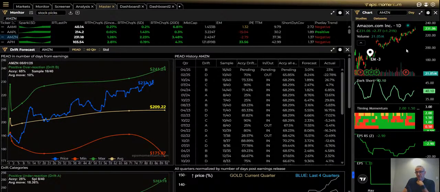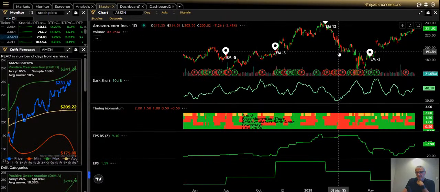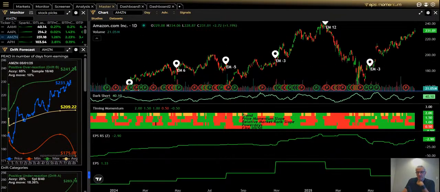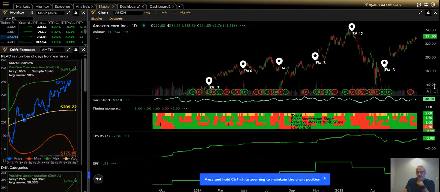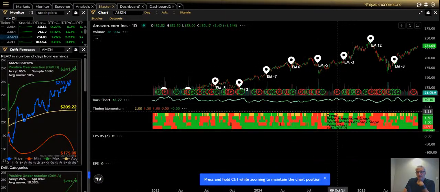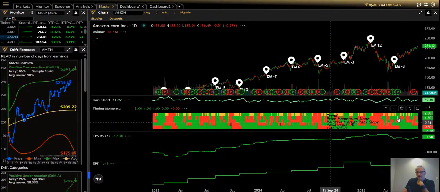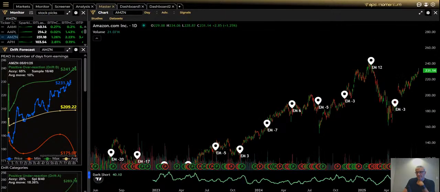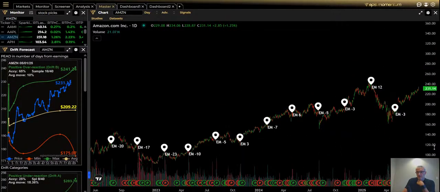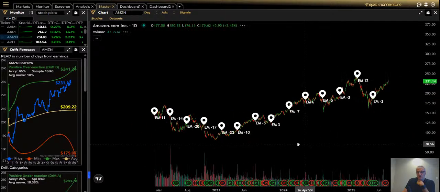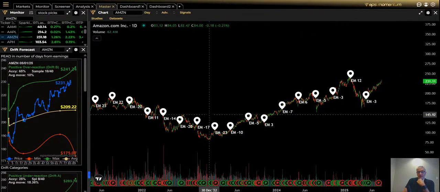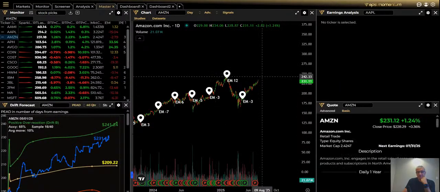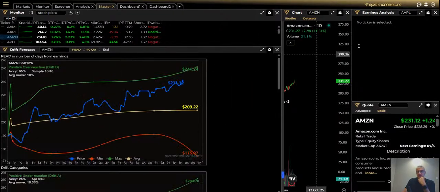So what does it do? It does the following. It takes the chart, it takes 10 years of history for the stock, and takes all of those 40 quarters back. Let me just clear that up here. It takes all of these quarters, 20 or 40 quarters, right, and stacks them up in quarter A, B, C, or D. So let me just put the focus back on here.